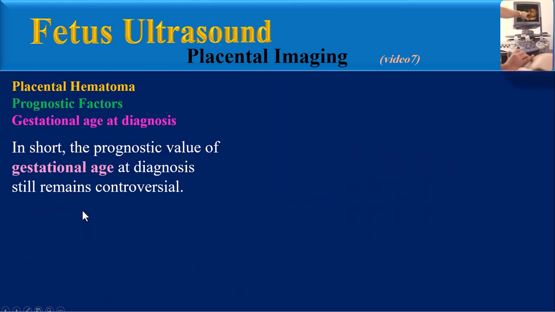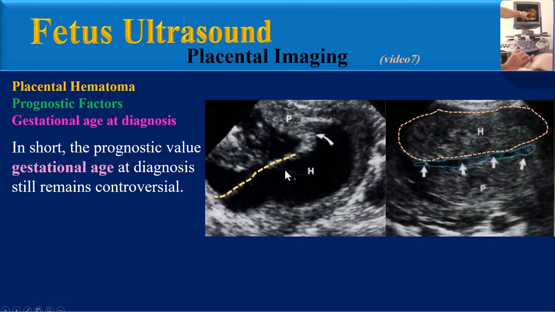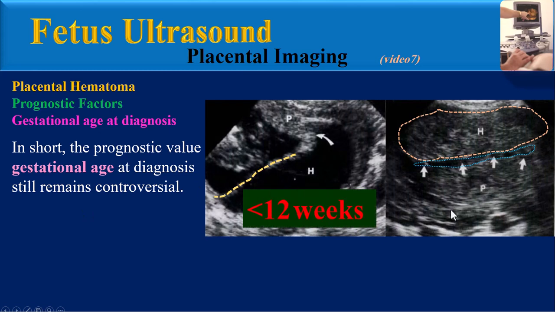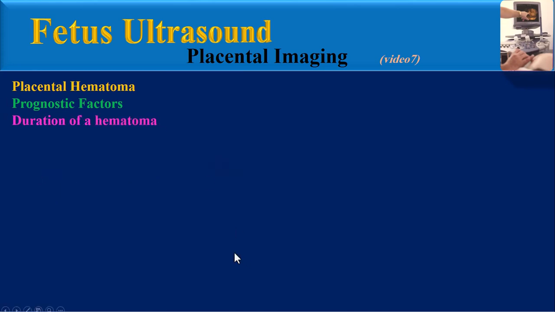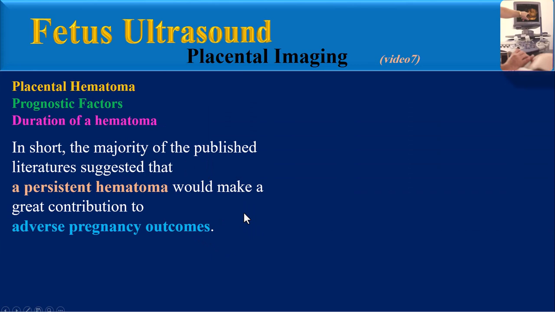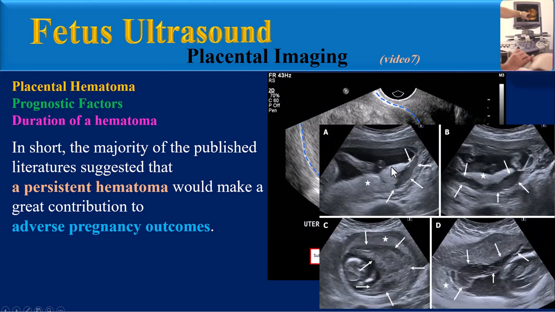In short, the prognostic value of gestational age at diagnosis, meaning before 12 weeks of gestation or after 16 weeks of gestation, still remains controversial. Duration of a hematoma. In short, the majority of the published literature suggests that a persistent hematoma from the first trimester to the second and third trimesters would make a great contribution to adverse pregnancy outcomes.